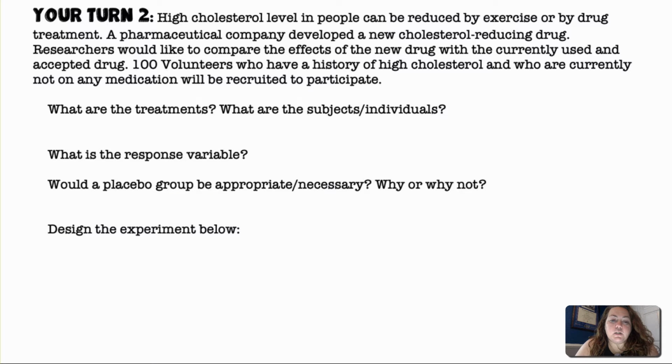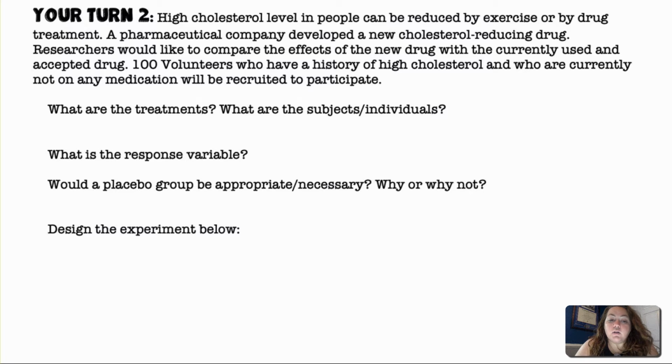Your turn number 2. High cholesterol levels in people can be reduced by exercise or by drug treatment. A pharmaceutical company developed a new cholesterol-reducing drug. Researchers would like to compare the effects of this new drug with the currently used and accepted drug. 100 volunteers with a history of high cholesterol who are currently not on any medication will be recruited to participate.